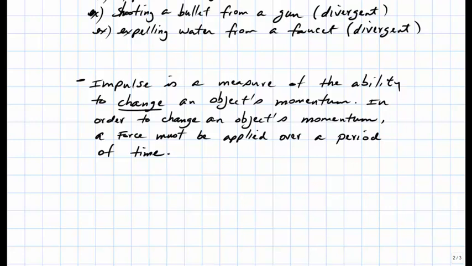So it's important to note that impulse is related to force and time.